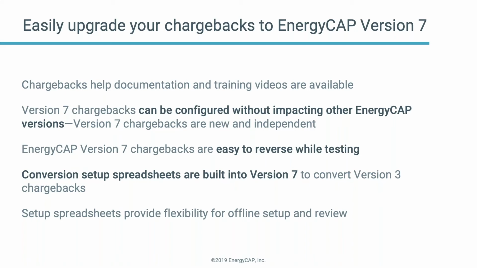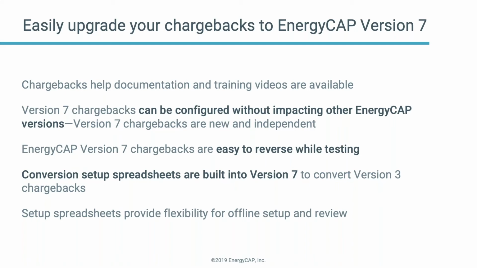And part of the reason we did this as a spreadsheet is so that you could download it, review it offline. Perhaps you want to make changes to your system as you're creating it in version 7. Perhaps you want to integrate the new chargeback workflows. You can do all of that with the chargeback setup spreadsheets and then upload it at one time and have all of your version 7 setup done at once by using a simple setup spreadsheet.